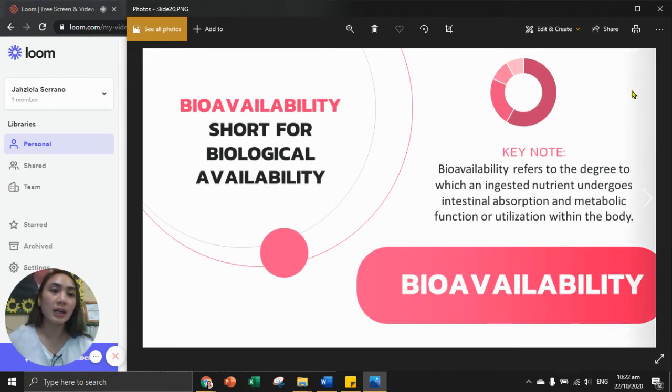So earlier, when we talked about losses, those were just the physical and chemical changes that the food undergoes outside the body. Now we talk about bioavailability, biological availability. This is how your body reacts with the food. So, intestinal absorption and ingestion, no?